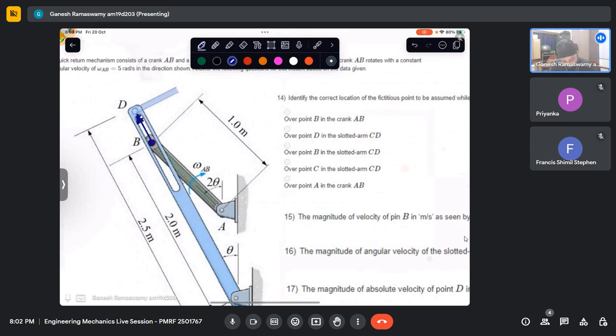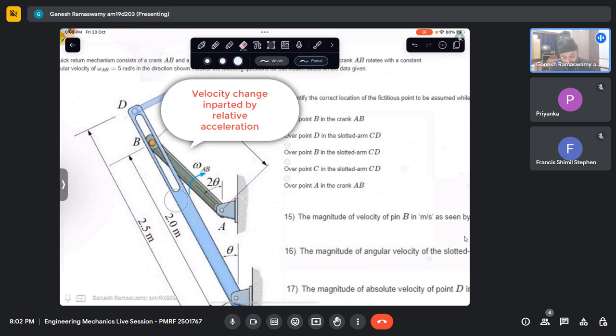Velocity invariably has to be along this path only, right? So essentially, what can at best change in this velocity is only magnitude. The path cannot change. When you are rotating with the member, you can only see the object going along that slot. If the slot is straight, then the velocity that is imparted to this can at best only be along the slot because it is only responsible for the magnitude change of that relative velocity.